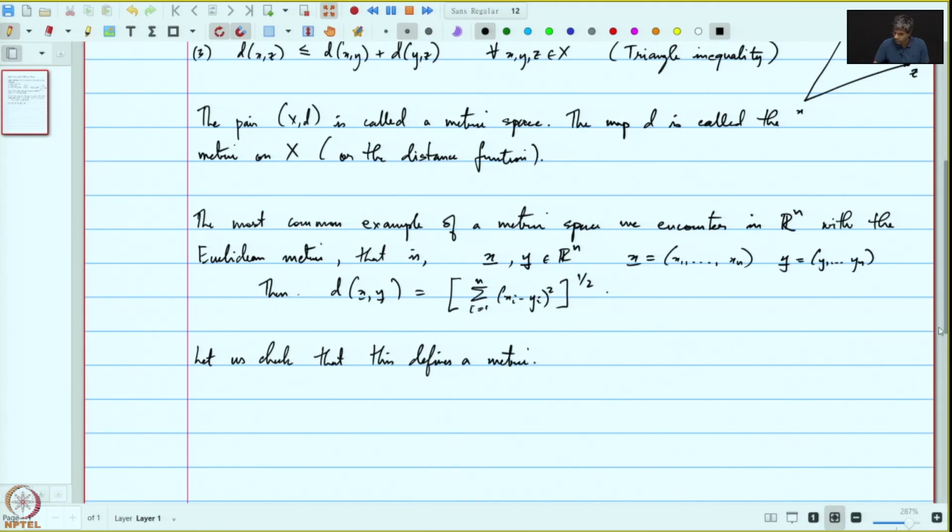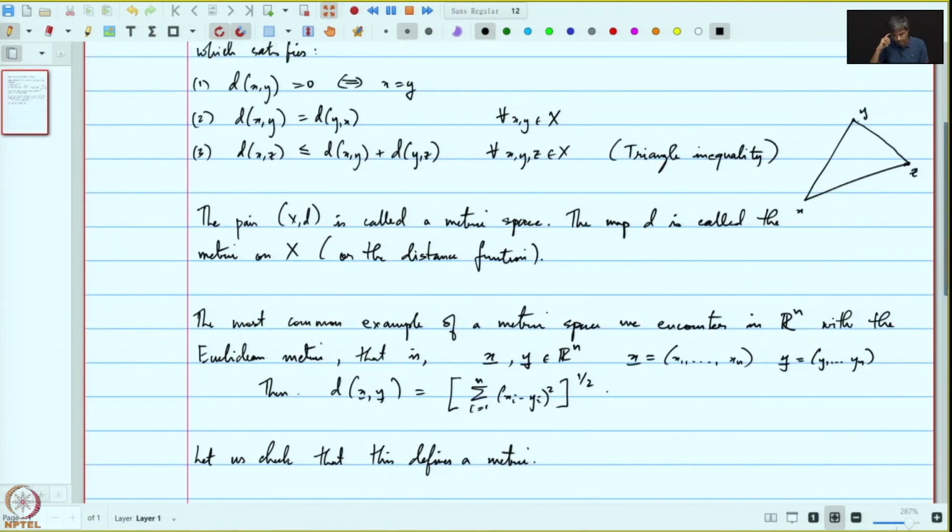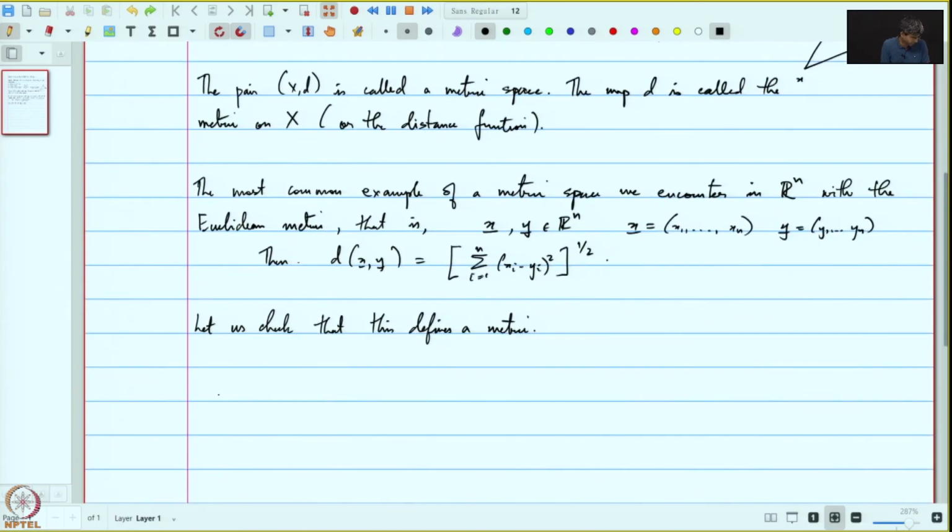Note that the first two conditions are trivial to check. The only non-trivial condition is the triangle inequality, which we will prove now. Proposition.